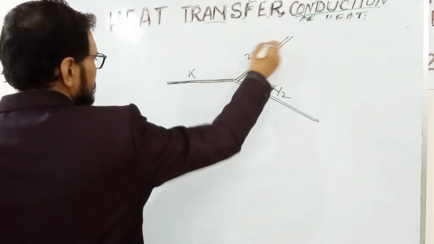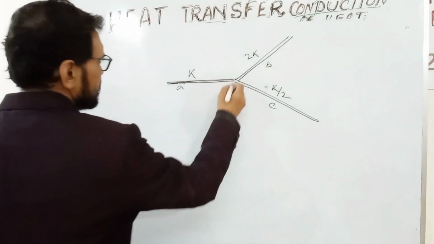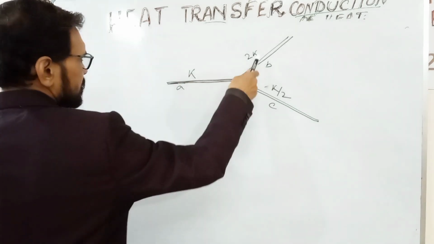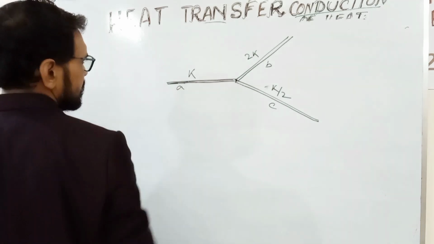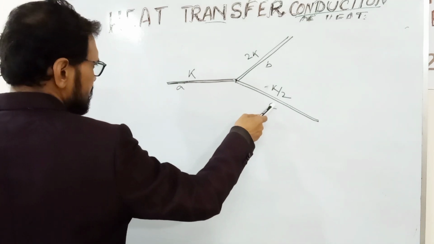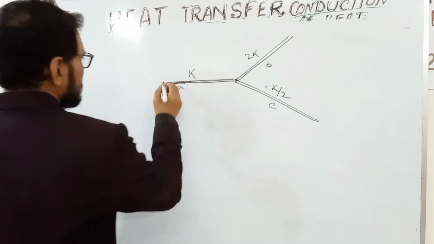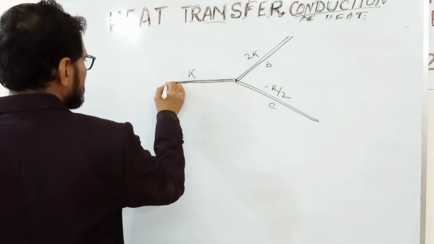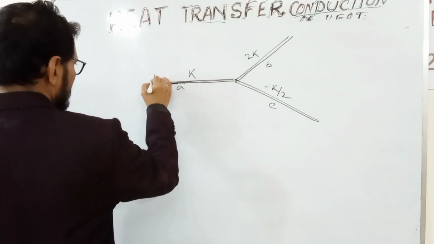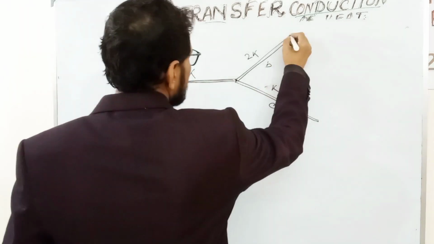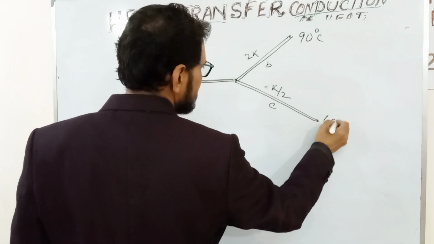Three rods A, B, C are connected in this way such that the thermal conductivity of B is double that of A and the thermal conductivity of C is half of the conductivity of A. Now suppose the temperature of this end is 100 degree centigrade, this end is 90 degree centigrade, and this end is 60 degree centigrade.